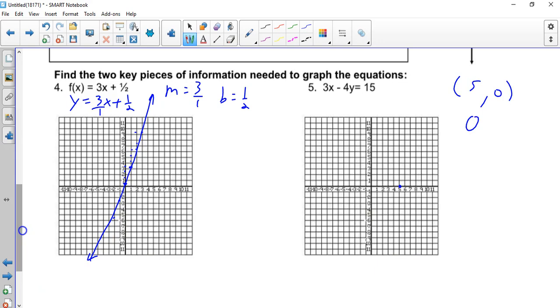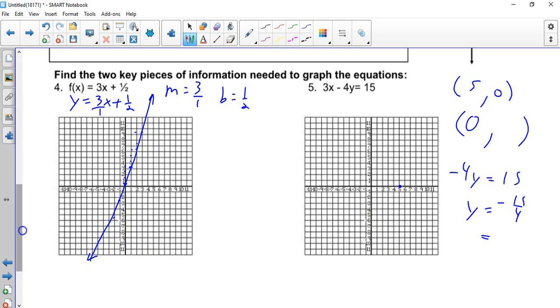This one's going to be a little bit different because I have a fraction, and that's okay. Fractions are our friends. I'm going to put a 0 in for x, which is going to give me negative 4y equals 15. When I divide, I get negative 15 fourths.